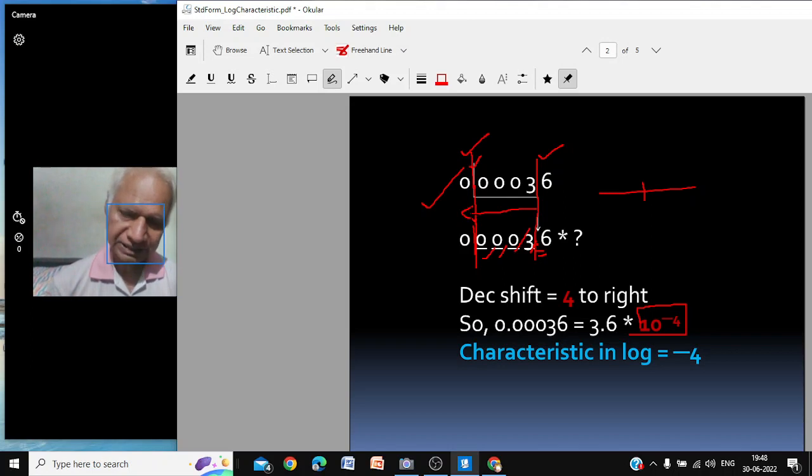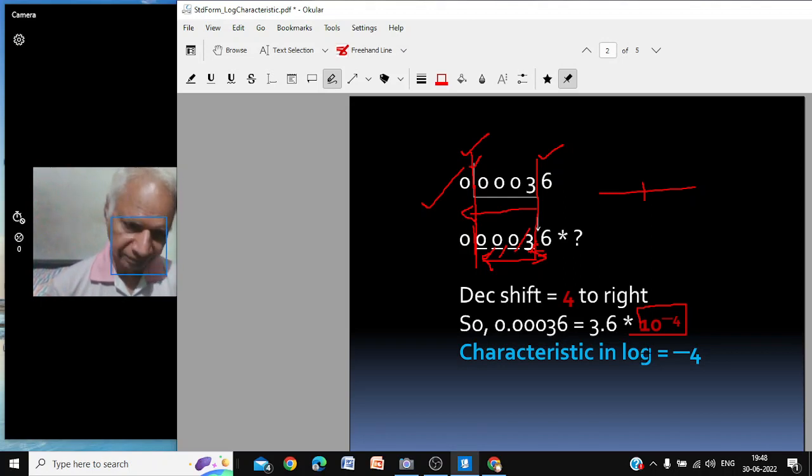In order to shift it back 4 places, we write 10 power minus 4. So 3.6 into 10 power minus 4, this minus 4 signifying the 4 digits from the new position to the old position, 4 places to the left.